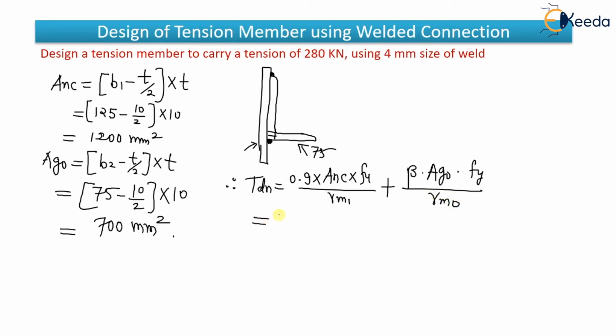Okay, I'll put the value 0.9 ANC. What is the value of ANC? It is 1200 into FU. What is the value of FU? You always take 410, divided by gamma M1, which is 1.25.